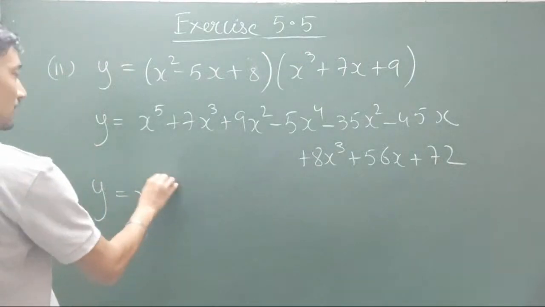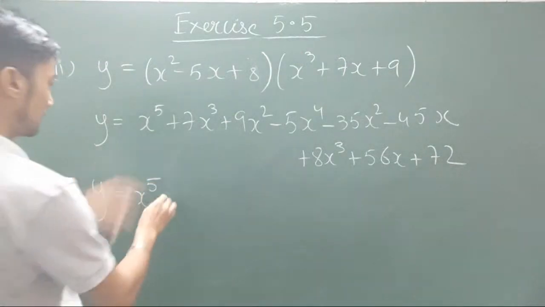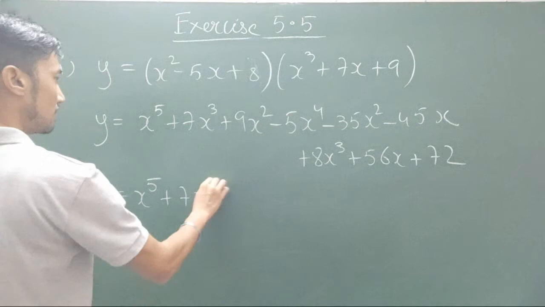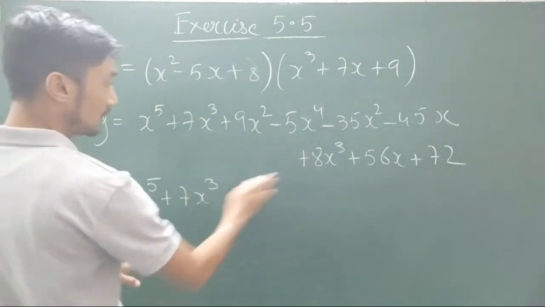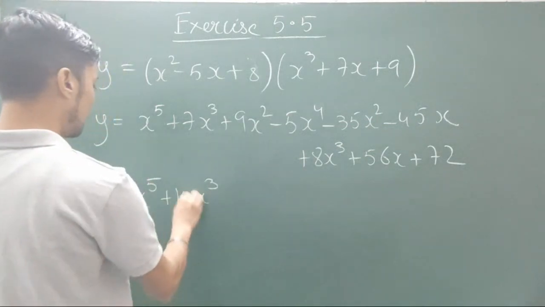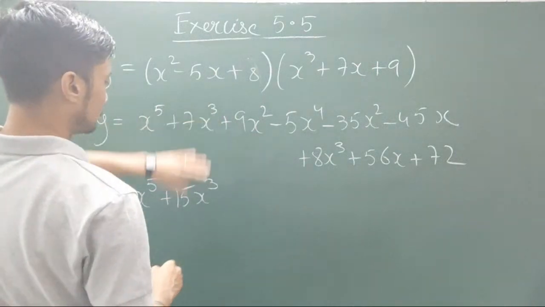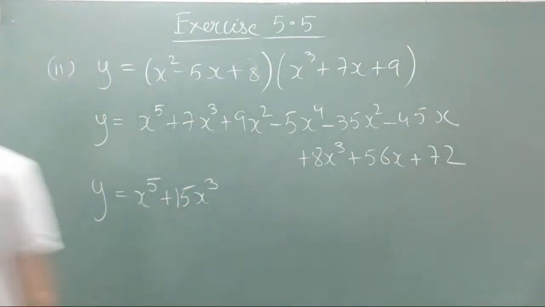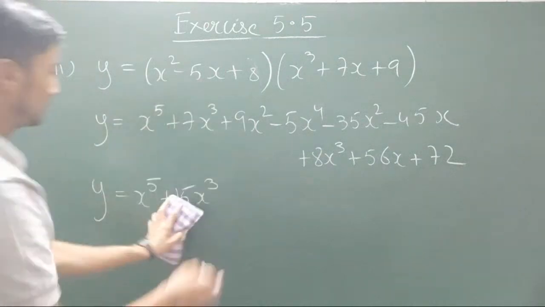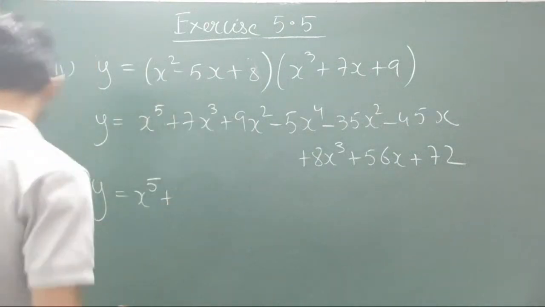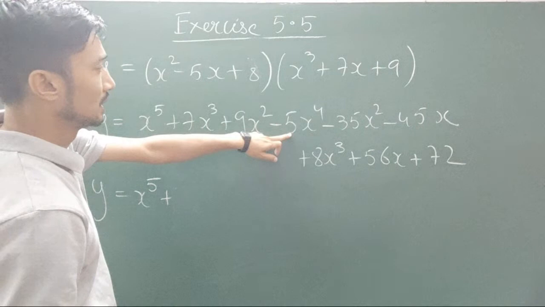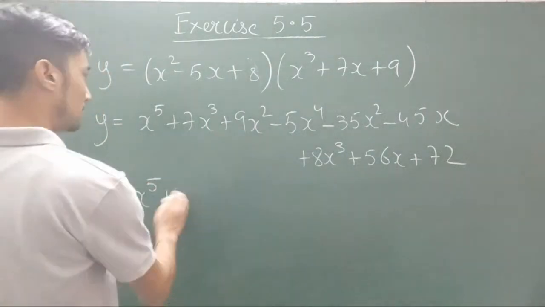So x power 5, x cube, we have 7 plus 8, so 15x cube. Let's write in terms of standard polynomials. So x power 4 first. I think that's all we have.